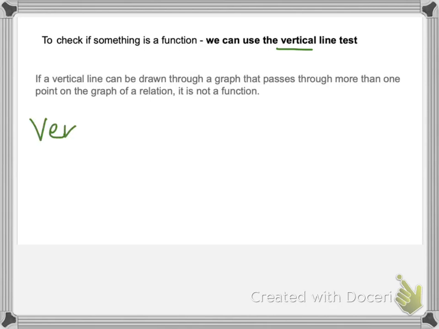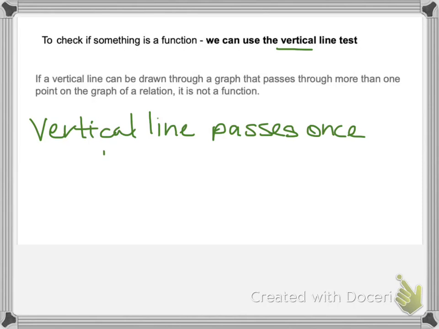If I have a vertical line and it passes once, that means it is a function. Okay?